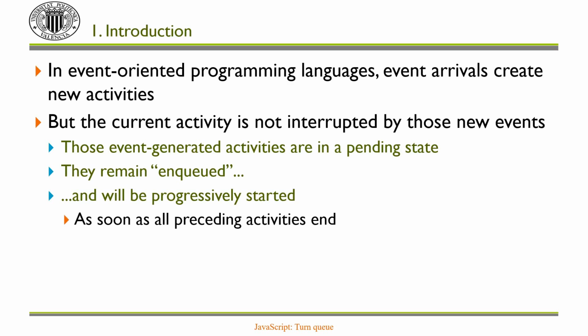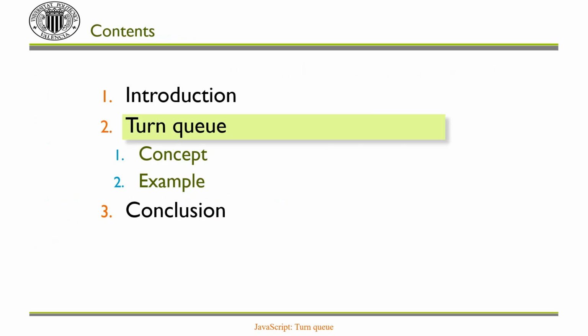Simply when the currently running activities complete their execution. Once the currently running activity is completed, we then consider the next one in the pending queue. And this is generating a turn queue. So let's explain this turn queue in detail.